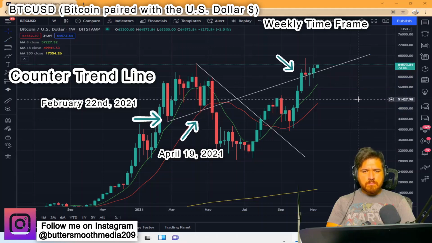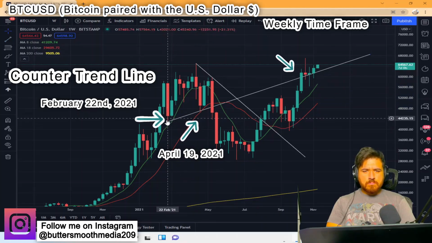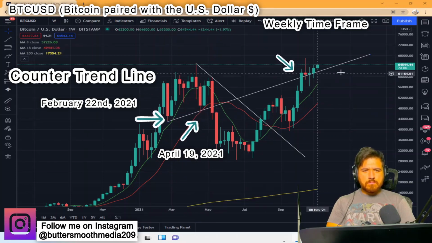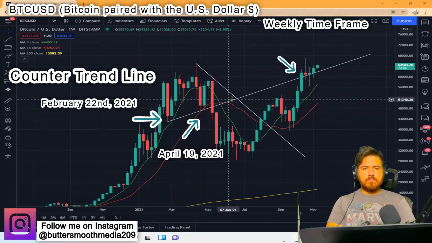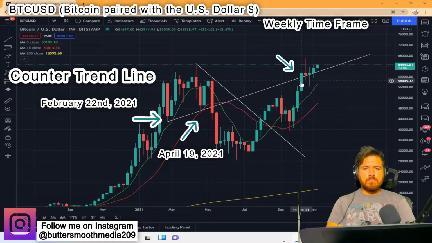Okay. So now that we have that trend line set, the counter trend line, we have that first touch point here, second touch point, which made the counter trend line valid to me. And then once we were below it, we knew, when price really started to rocket up, we knew where we could go.